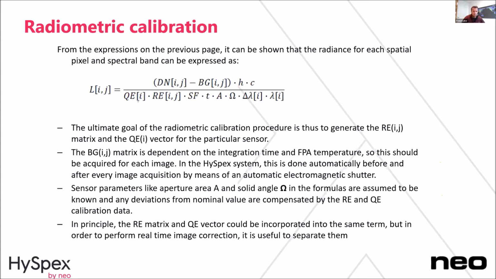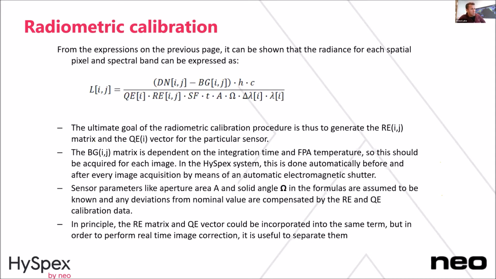So basically we calculate this for every frame in your image during operation, right? QE and RE come from the radiometric calibration. Delta lambda and lambda come from the spectral calibration. And then you have a traceable calibration.